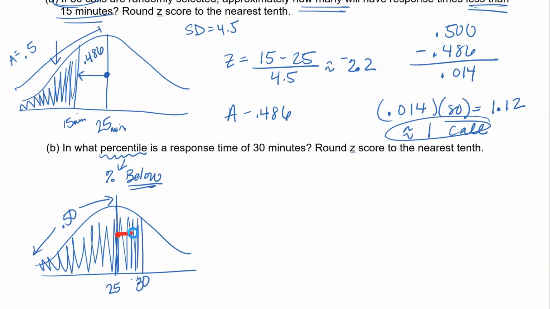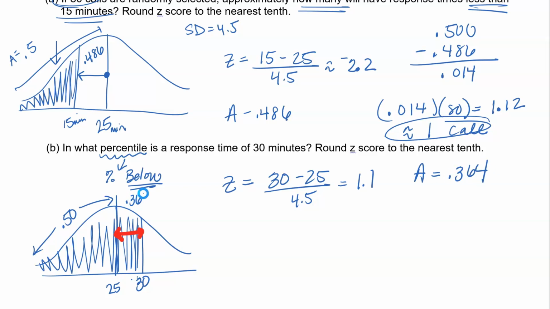So I'm going to use the chart in Appendix A and find the Z-score for 30. So 30 minus the average divided by the standard deviation, 4.5, is equal to about 1.1. If I look 1.1 up on the table, I get an area of 0.364. So this area is 0.364.